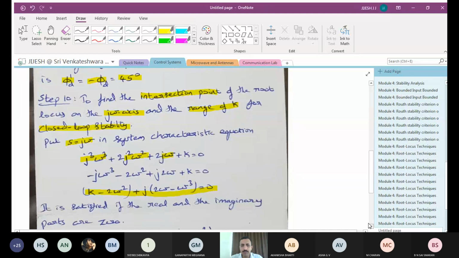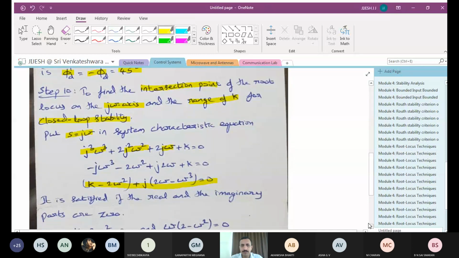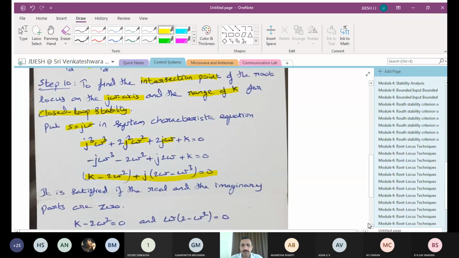We have been doing this before for the previous problems as well. From this you can find out the value of k as well as the value of omega.